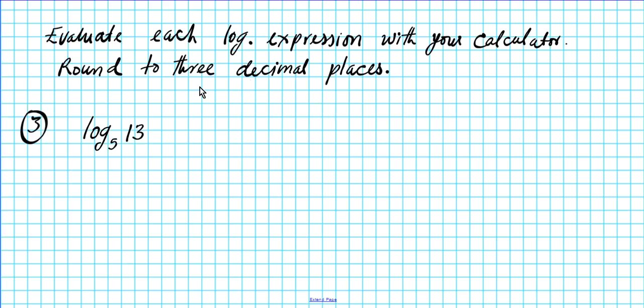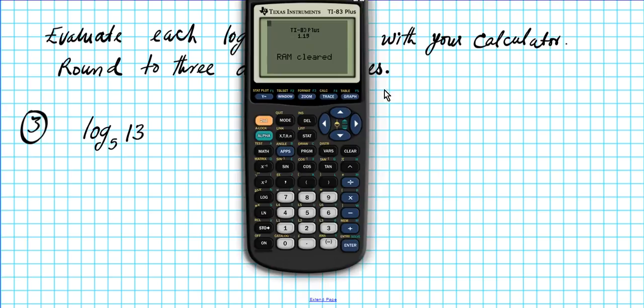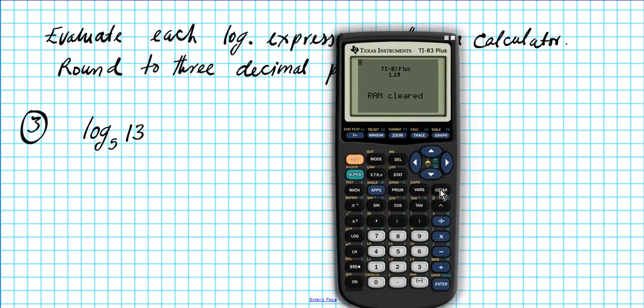Now, since we're rounding and we have a decimal solution, most of you would think about using your calculators for this problem, which is an accurate approach. But many calculators do not have a logarithmic function where you can specify the base. Some calculators have it, but most do not.